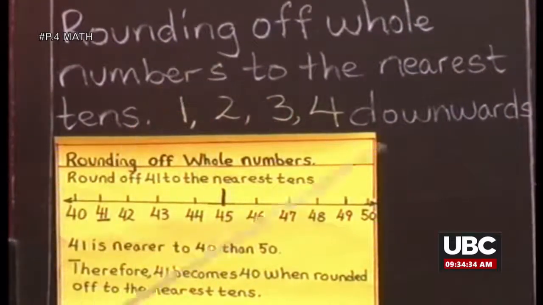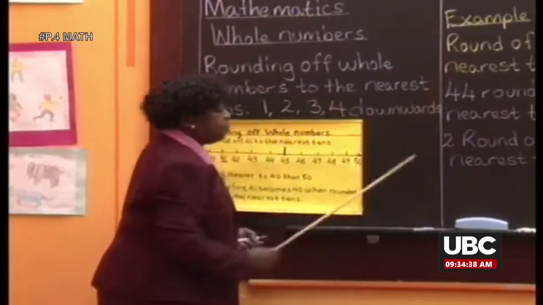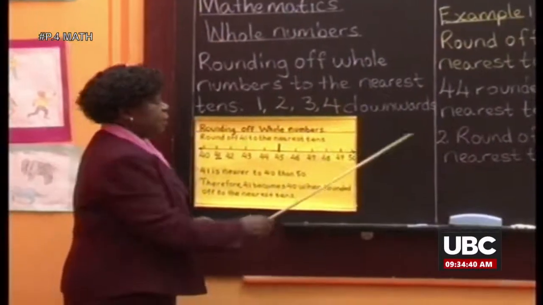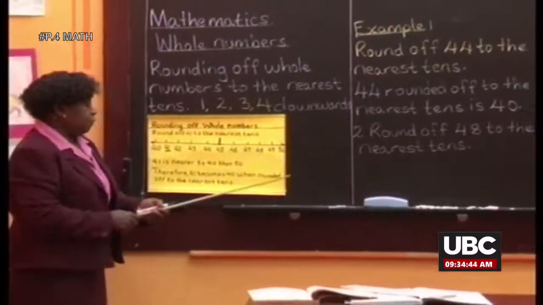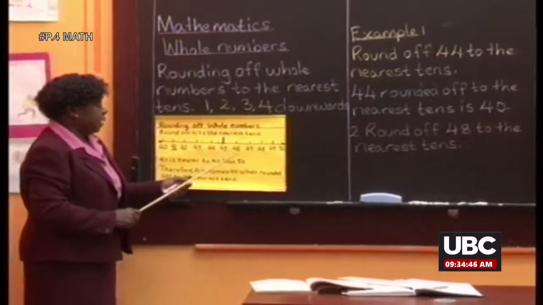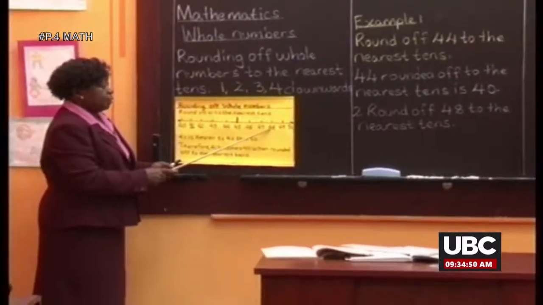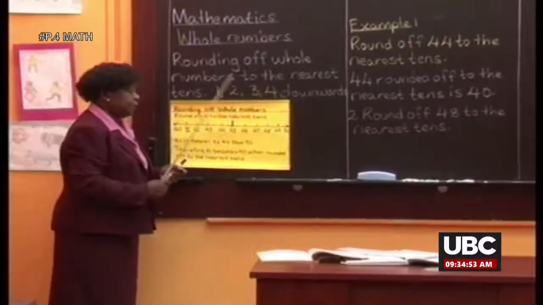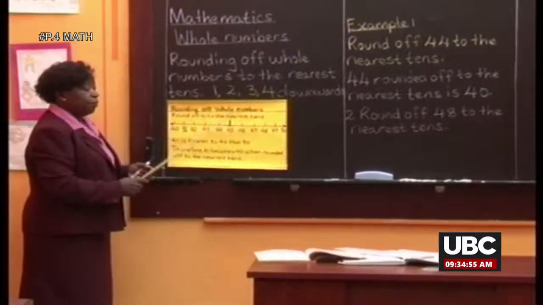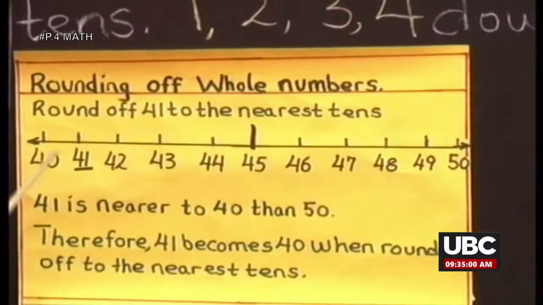Let's look at our number 2. It is saying round off 48 to the nearest tens. If we look at our number line, 48 is here, and 40 is here, while 50 is here. So we are asking ourselves, is 48 nearer to 40 or 50?